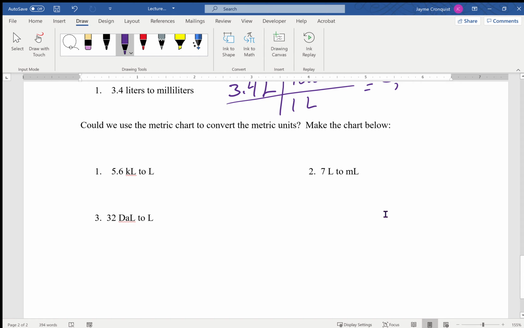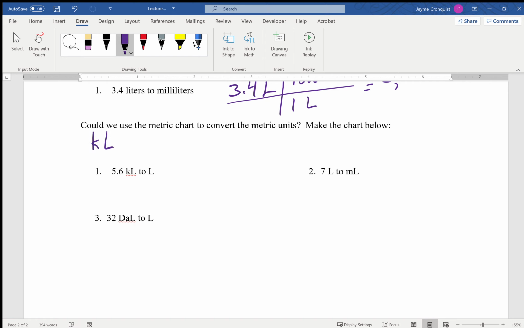Okay, the metric chart, remember the conversion, so it's the same thing. Remember we had, what was it? Oh, kilometers. So kiloliters, so that's a k. I'm going to write it the way they're writing it here. Okay, little k.